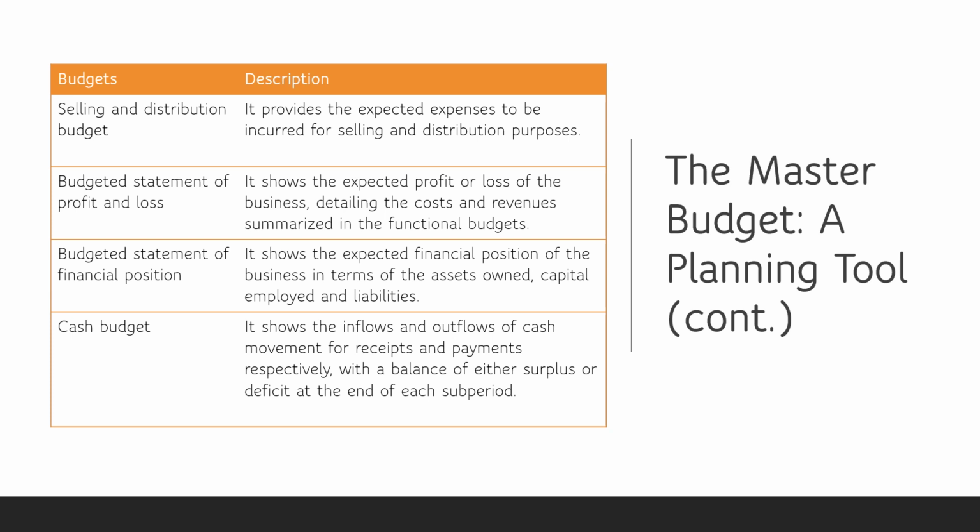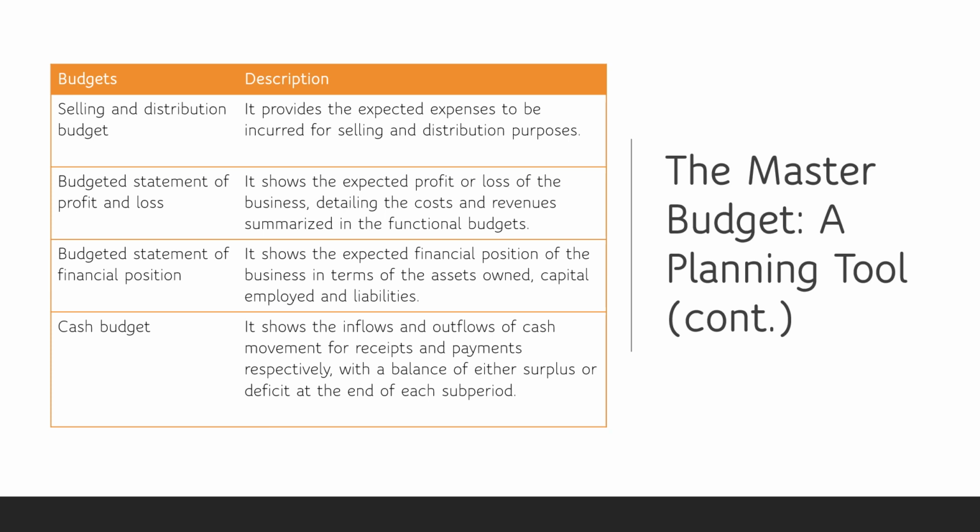This table, what you can see now, is the selling and distribution budget. So it forecasts expenses related to selling and distribution activity. So the budgeted statement of profit and loss predicts the business's expected profit or loss by detailing costs and revenues from the functional budgets.